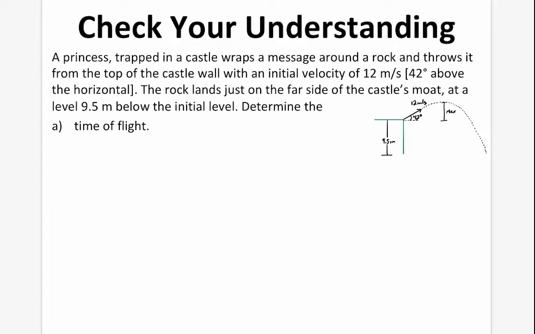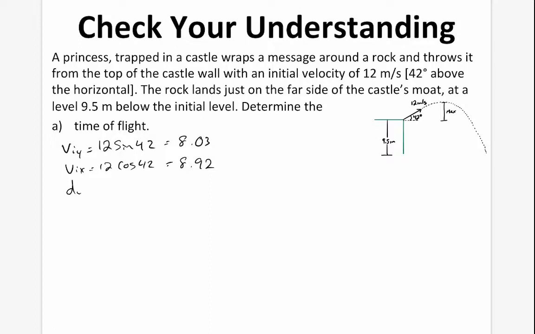So what do we know initially? Well, the ViY is going to be 12 times sine 42, and that equals 8.03. The ViX is 12 cos 42, which equals 8.92.